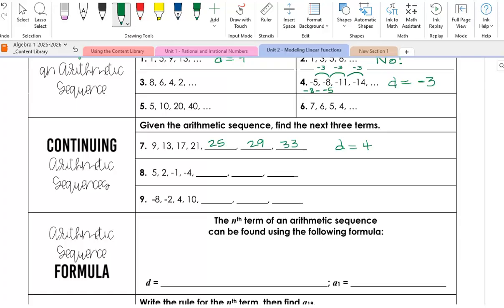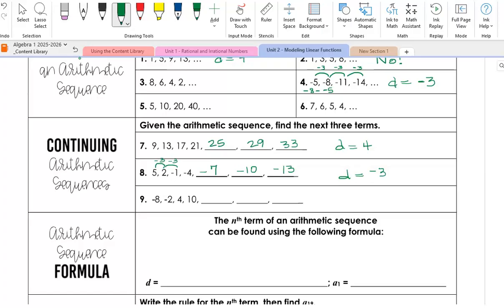All right, so 2 minus 5 is -3. -1 minus 2 is -3. So we know that we are doing -3 each time. So -4 and -3 is -7, and then -10, and then -13. Okay, so you need to figure out what are we doing from one to the next.